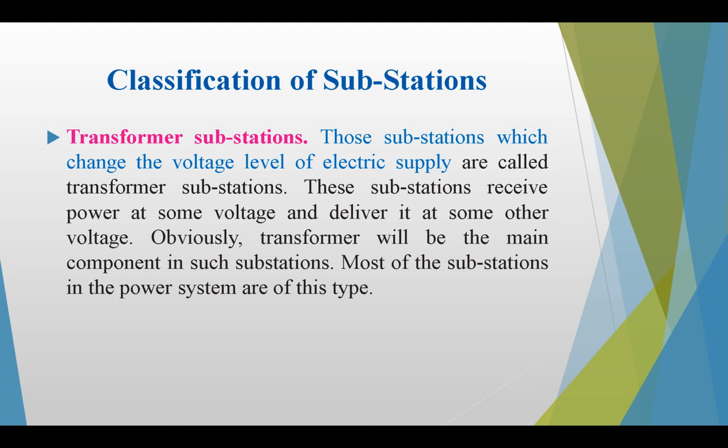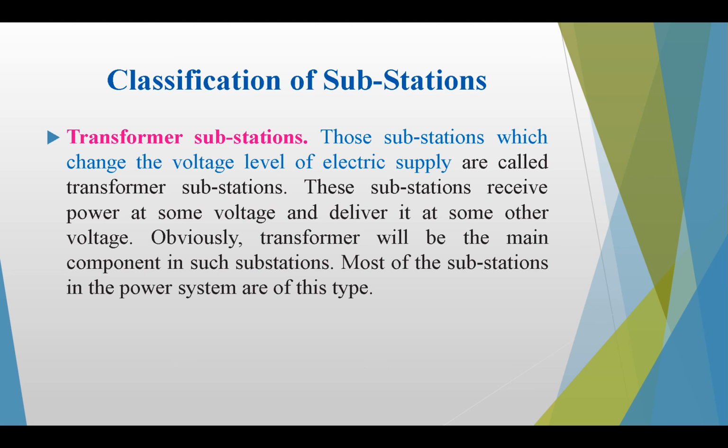Those substations which change the voltage level of the electric supply. Most of the substations are transformer substations, because here we change the voltage level, mostly step down. So these types of substation are called transformer substation.